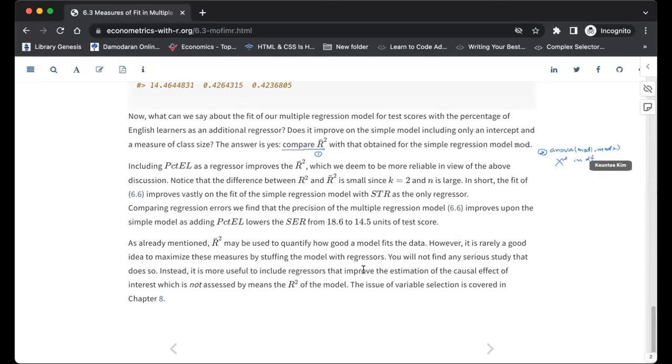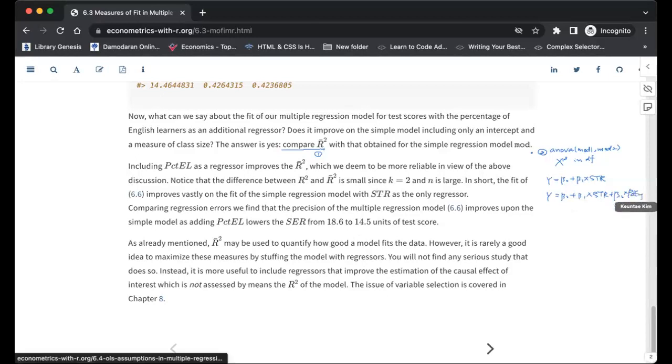The reason we can use this is that the simple model is beta 0 plus beta 1 times student-teacher ratio, and the other model is beta 0 plus beta 1 times student-teacher ratio plus beta 2 times percent English.